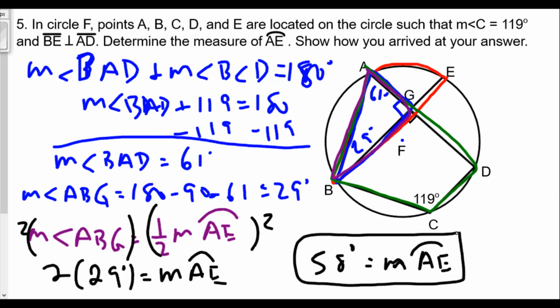In this case, we call it a cyclic quad. So here, the idea is that opposite angles of a cyclic quad, or a quad that's inscribed in a circle, will be supplementary. And that's how we found angle BAD, which of course helps us find angle ABG, which is the angle we're going to use to find the measure of arc AE.